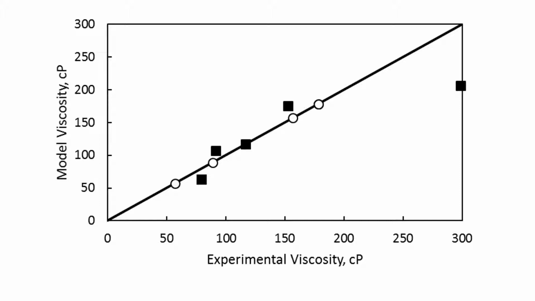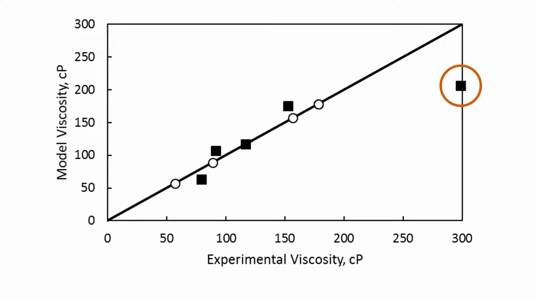However, there is one point out there where the model significantly underpredicts the experimental value. And this is due to the fact that the model was created over a much narrower range of experimental viscosities. Our model was developed with viscosities between 50 and 200 centipoise, whereas the experimental value for that last condition was at 300.